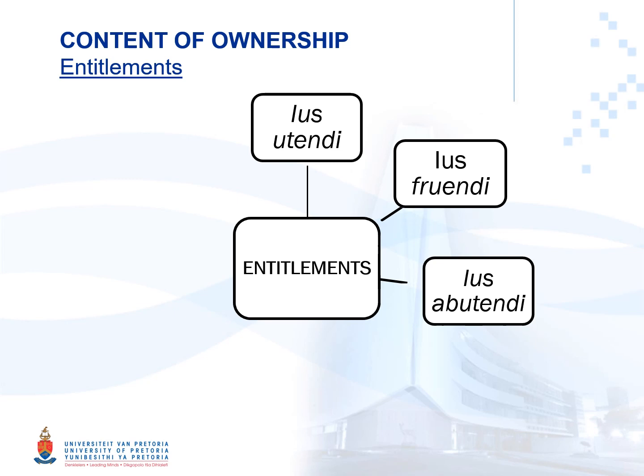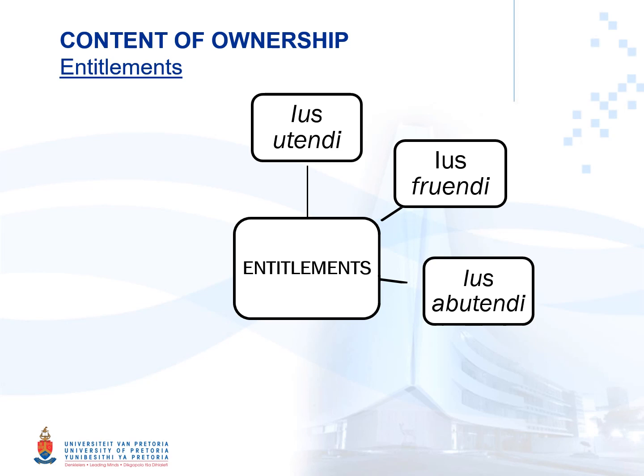However, this entitlement to neglect and destroy may be excluded in certain circumstances. So it can be excluded in terms of express legislation that excludes the owner's ius abutendi to destroy or neglect property, or it can be excluded by way of contract.